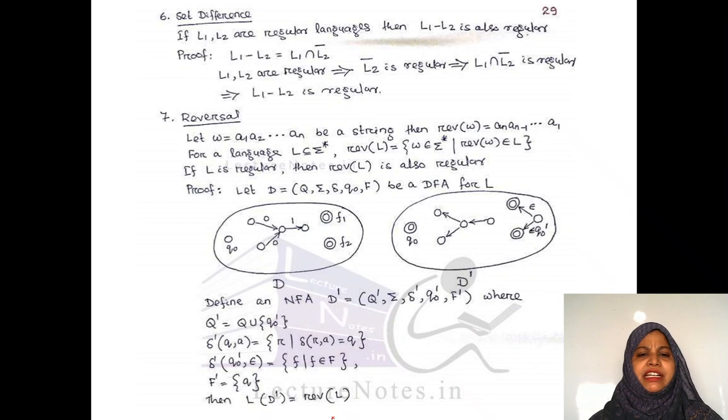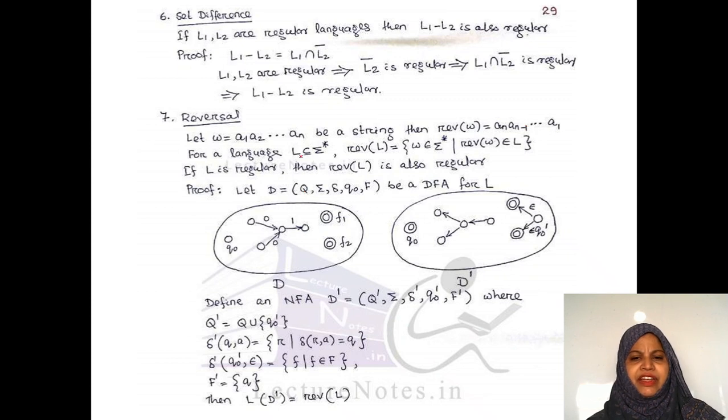Next one, the reversal. Reversal means the reverse of the given string. For example, let W equal A1, A2, A3 up to AN be a string, then the reverse of W starts from AN, followed by AN minus 1, AN minus 2, up to A1.